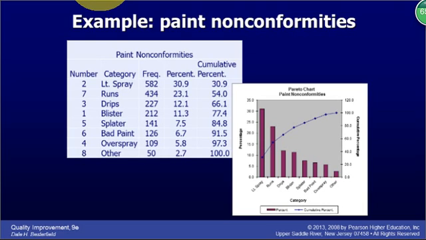Here's an example for paint nonconformities. We have categories, or classes, that stand for the different nonconformities, and we sort or rank them by the descending order of the frequency of each problem. And therefore, we draw this sorted histogram as a Pareto chart.